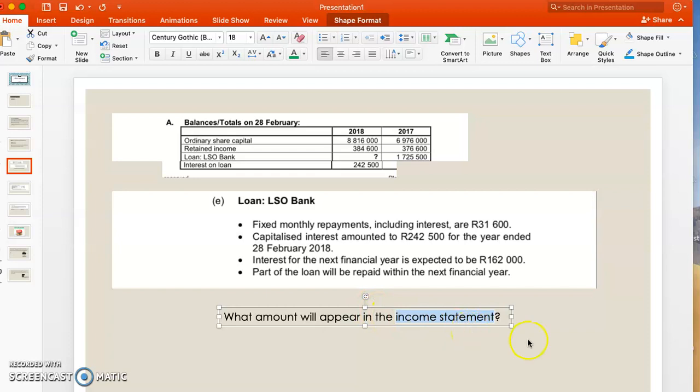It's really easy, but everyone gets confused because there are so many words. The only thing you need to do is put 242,500 Rand in the income statement as your interest expense. That's it. Over. Don't do any fancy calculations.